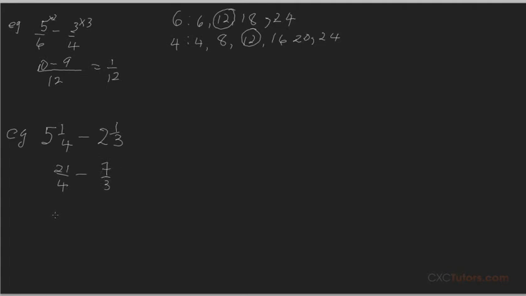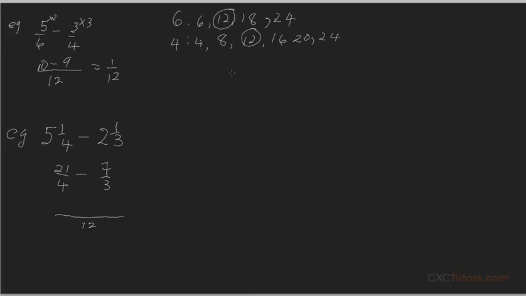And like we did before, we find our LCM of 4 and 3. If you apply the multiple approach that I showed you earlier, you will realize that the LCM, the first of the multiples that are common to 4 and 3, will be 12.